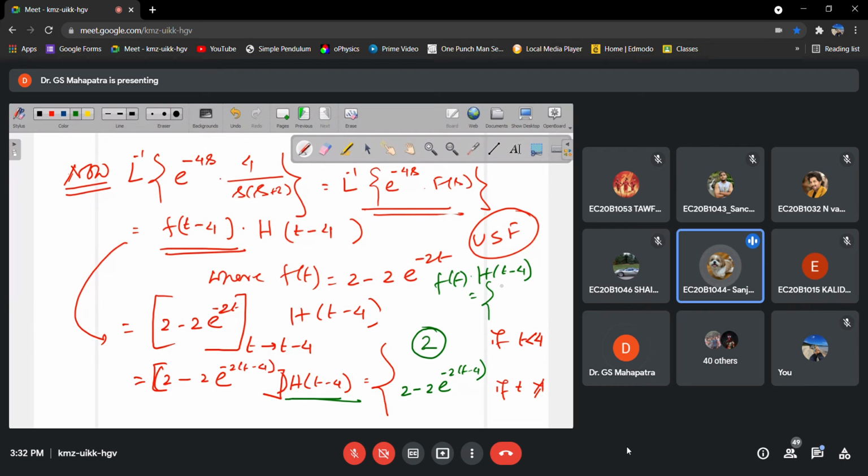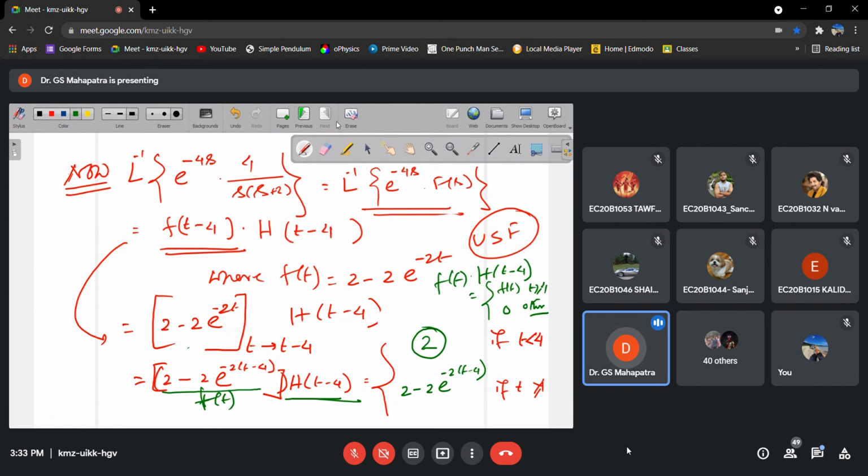So it will be f of t if t is greater than or equal to 4, and the other part just 0 otherwise. Correct now? Yes, sir. But why then are you writing 2 minus 2 here? What is this one? This one is f of t and h of t minus 4.